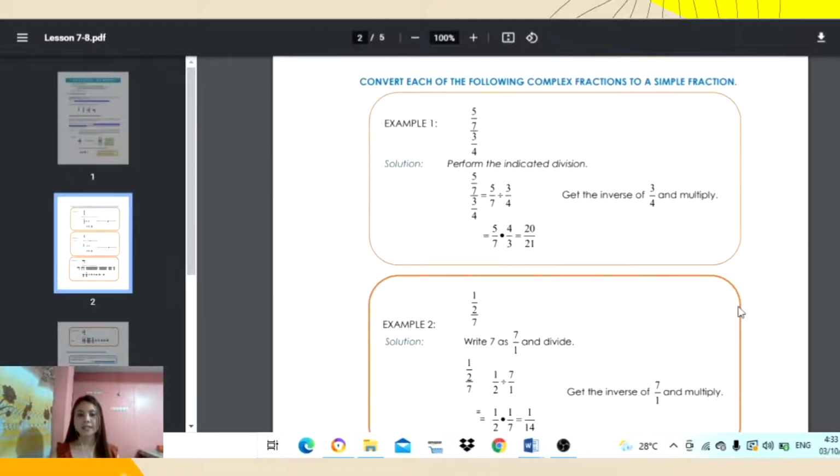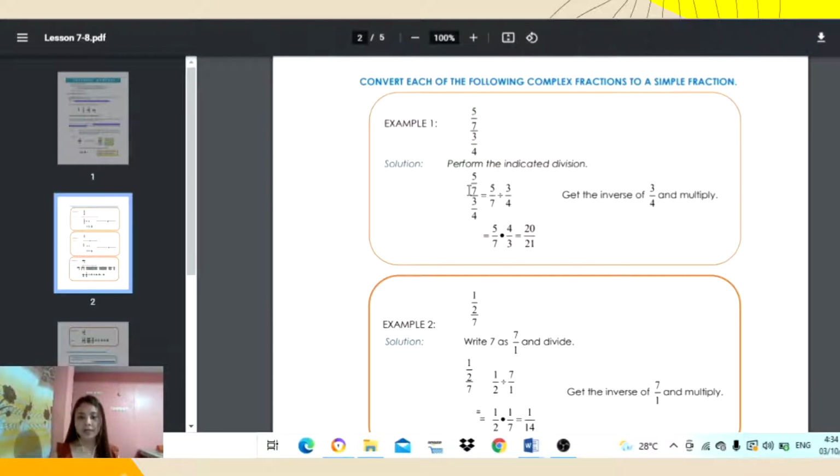Now, let's have more examples in converting complex fractions to simple fractions. First example, we have 5/7 all over 3/4. So we have to perform the indicated division. This complex fraction is actually just equal to 5/7 divided by 3/4.